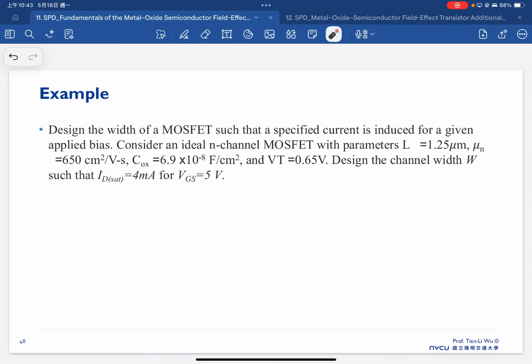In the end, we want to design the channel width W such that we can have a saturation current of around 4 milliamp at VGS equal to 5 volt. So the idea is very simple. We just put in the equation, ID sat.